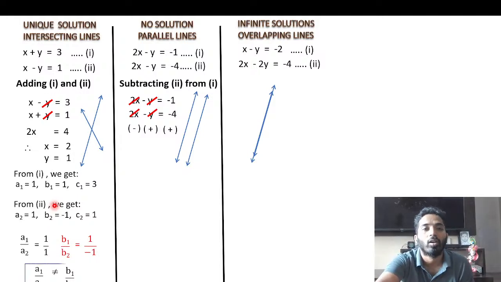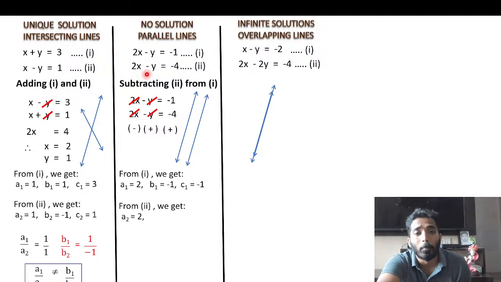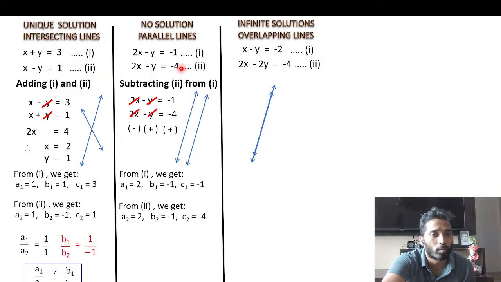Now, similarly, for the second case, from equation 1 we get A1 as 2, B1 as minus 1, and C1 as minus 3. From equation 2, we get A2 as 2, B2 as minus 1, and C2 as minus 4. Now let us find the ratios. A1 upon A2 will be 2 upon 2, that is 1. B1 upon B2 will be minus 1 upon minus 1, that will be 1.